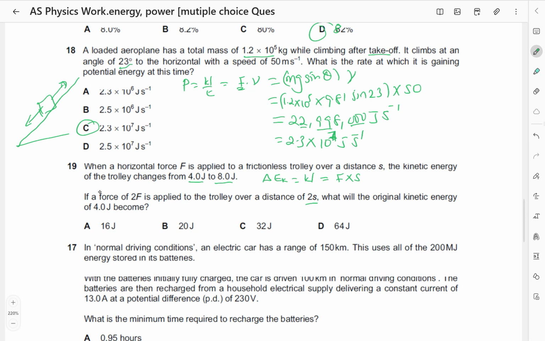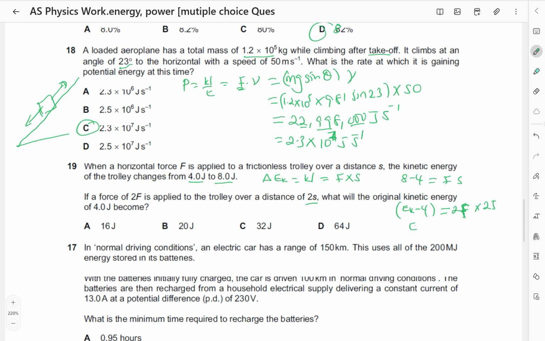So for the first case, 8 minus 4, that is the change in kinetic energy, is equal to the force F times the distance S. For the second case, the final kinetic energy is not known, but the original is 4, and the force is twice F. So this is equal to 2F times the displacement, which is twice S. So we have to combine these two equations.